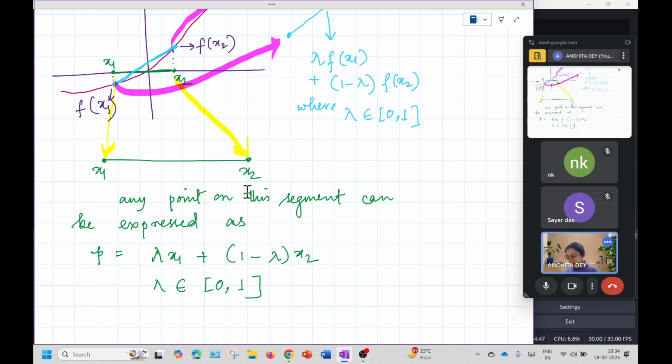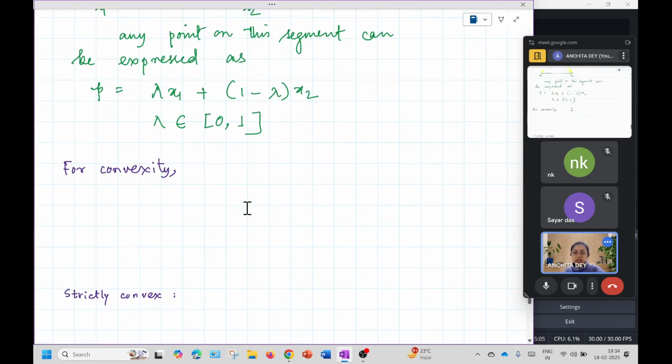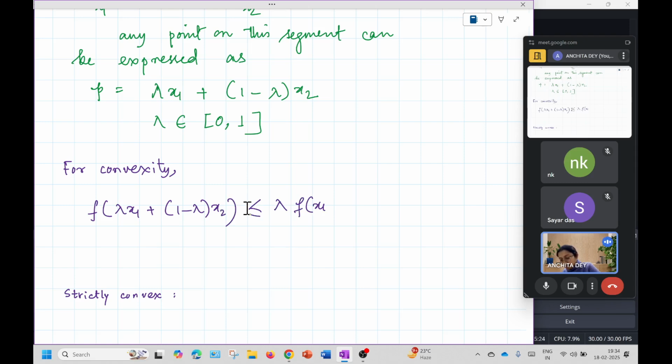Since this blue line segment is lying above the pink line, the function that was given to us, for convexity we just have f of lambda x1 plus 1 minus lambda x2 should always be less than or equal to lambda f of x1 plus 1 minus lambda f of x2, right?